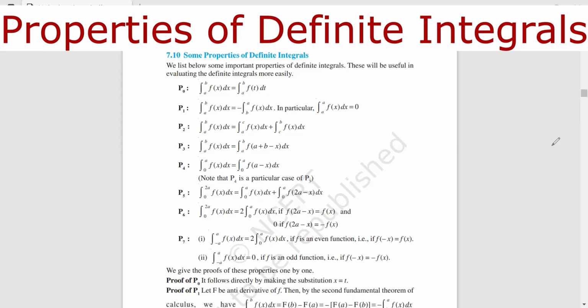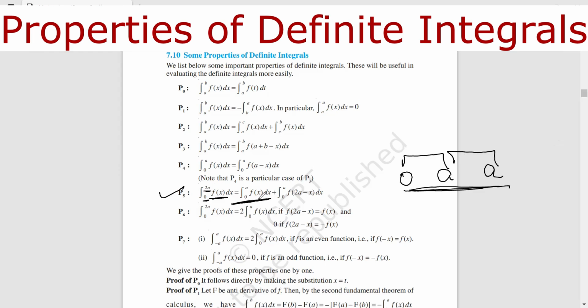Then the next thing is property number 5. Suppose we have the limit 0 to 2a of f(x) dx. Since a lies in the middle of 0 and 2a, I can write it as 0 to a and then a to 2a. For the first 0 to a, I will take the function same.